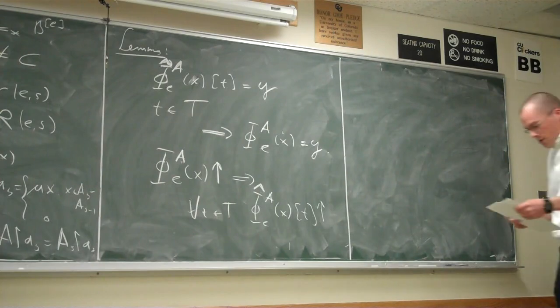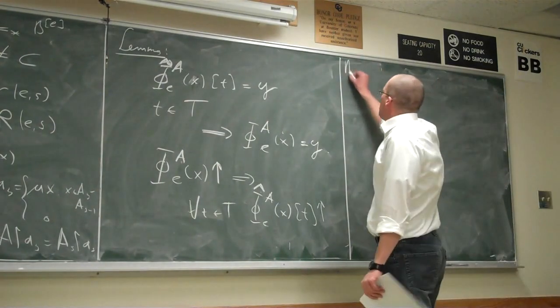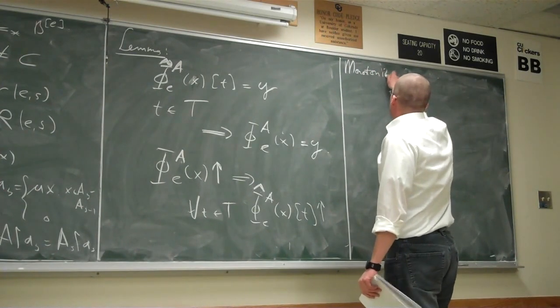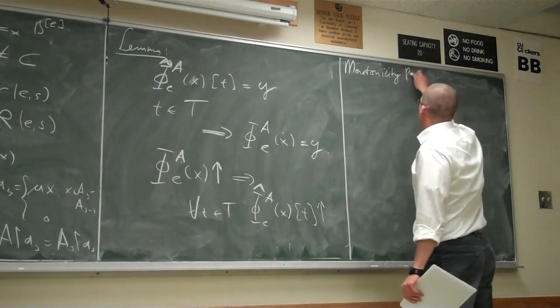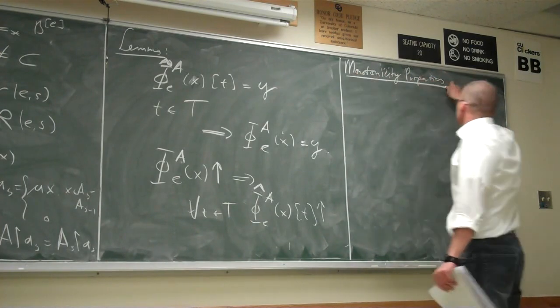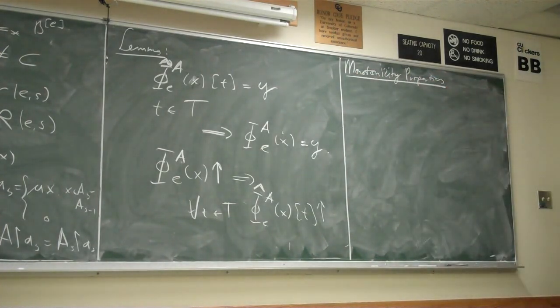Okay, so then from this we get monotonicity properties. What kind of properties do we want to get? Well, we want to get a handle on our length of agreements and restraints.